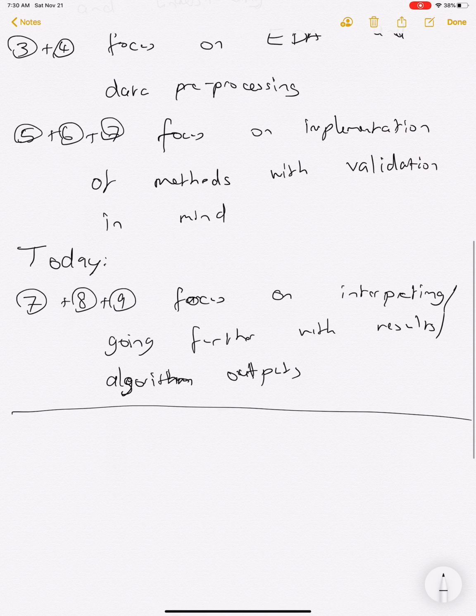One thing to note here is that 7 is really in both parts here, the validation, and that's important because the way you implement your algorithms is going to be tied to how you want to validate at the end, which is why I spoke about it in the previous lecture.